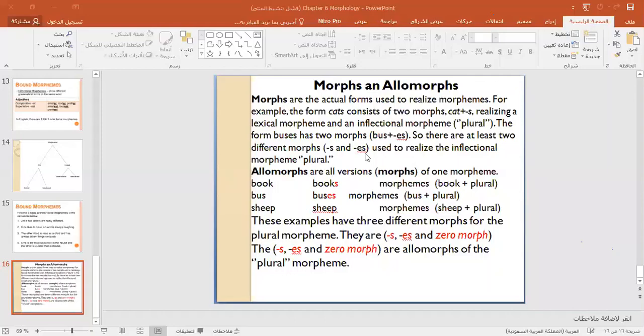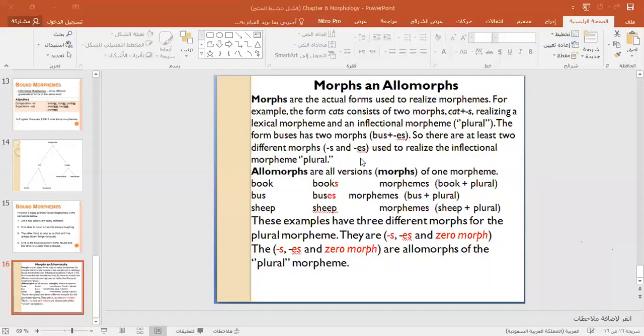When you write it, sometimes you write es, and in other words, we write only s. So it has two realizations. What do we call s and es? These are different forms, different morphs, but they refer to the same plural morpheme.